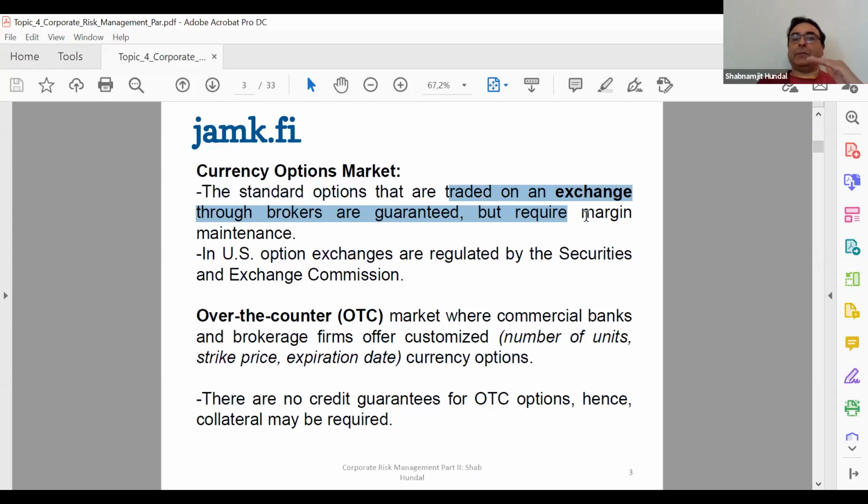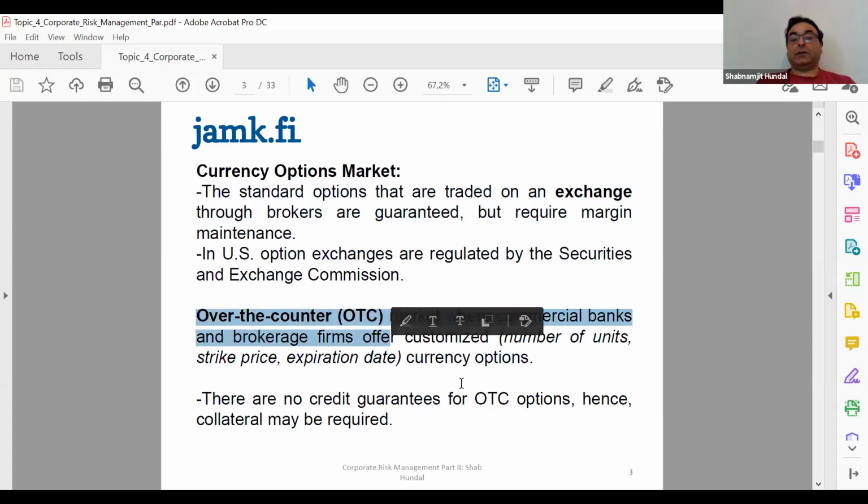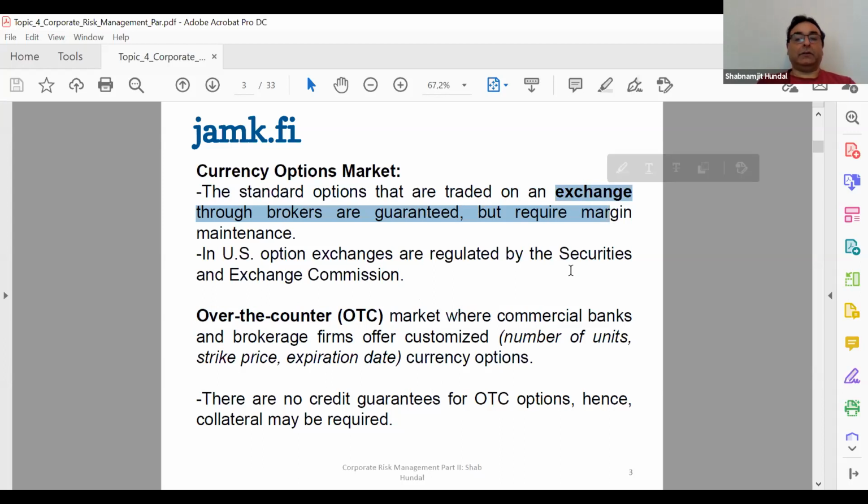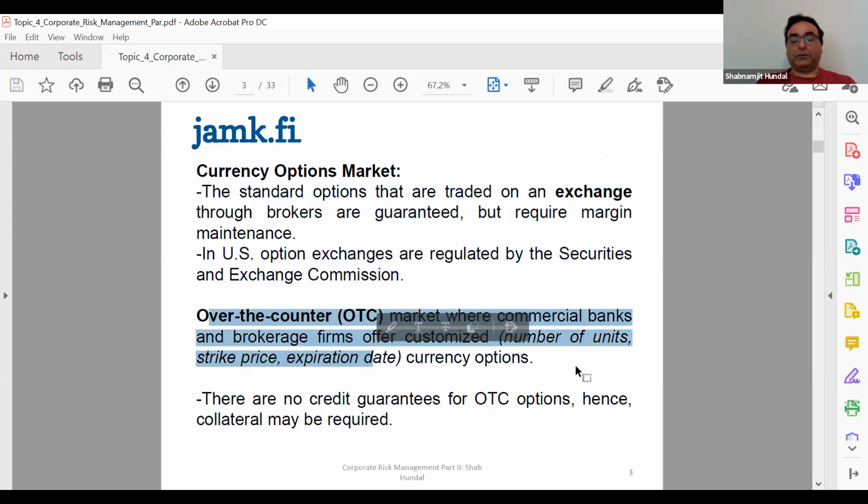So this can be a market traded contract like the currency future, or it could be over the counter like the forward, where you only agree with the bank.